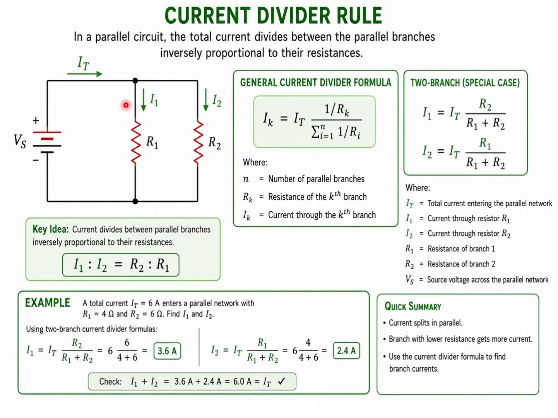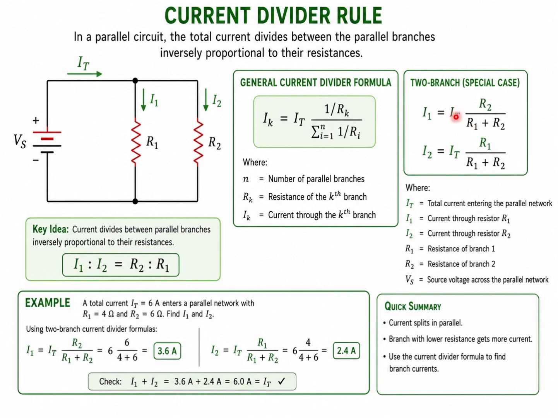So this is a circuit. We have Vs, the total source voltage, and It, the total current. Then we have I1, the current that flows across resistor R1, and I2, the current that flows across resistor R2. So in order for us to calculate the current that flows across resistor R1, what are we going to do? We're going to apply the formula.